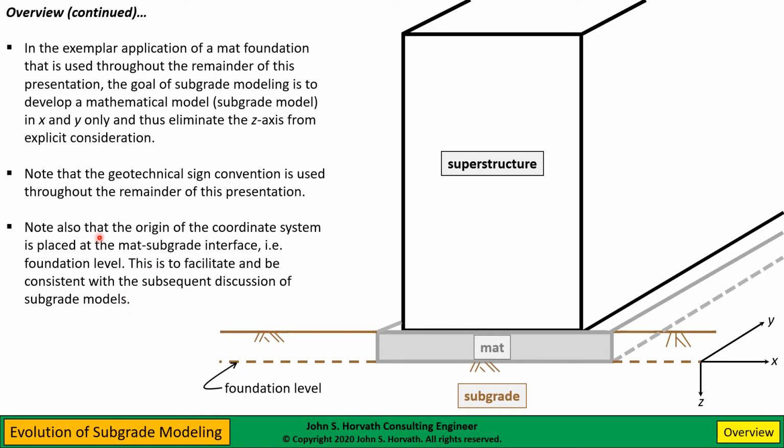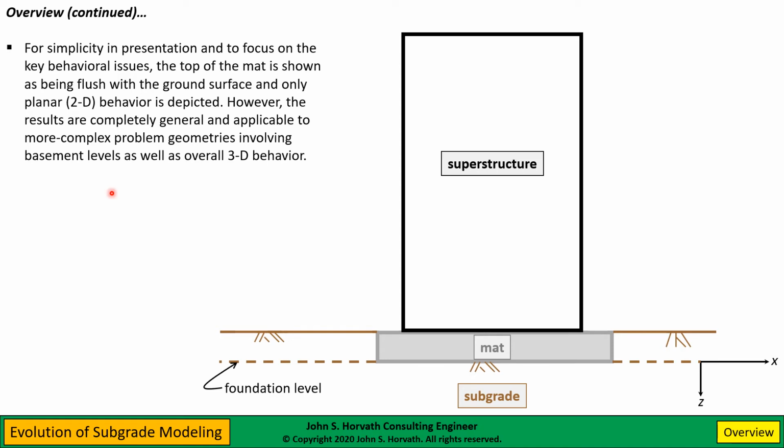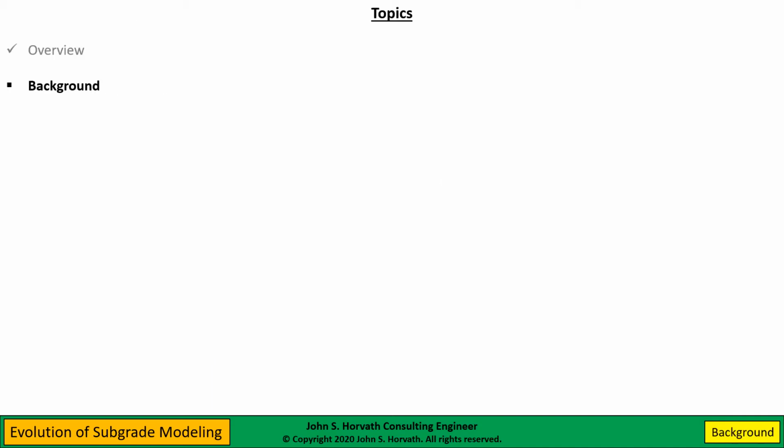And really that's for convenience to facilitate discussion of subgrade models in the following segment. Now again, for simplicity, I'm only going to be looking at a two-dimensional problem. I've eliminated the third dimension just for simplicity. So everything I'm talking about is completely general and can easily be extended to the true three-dimensional problem behavior.